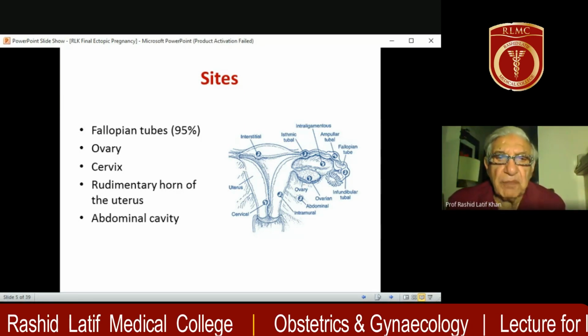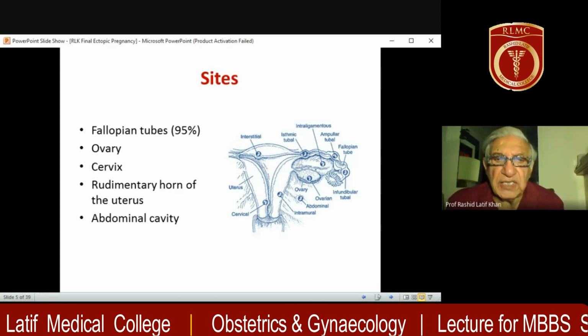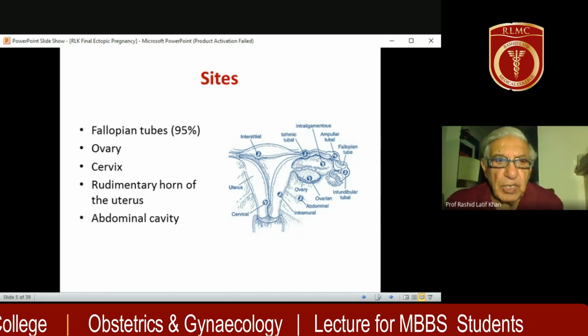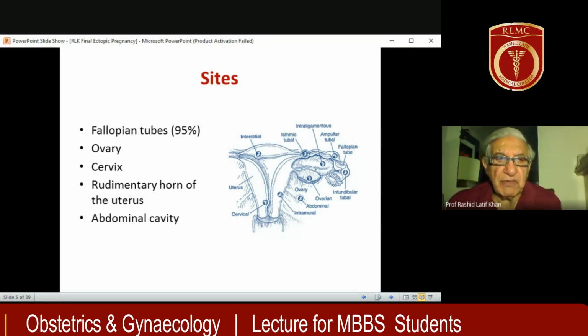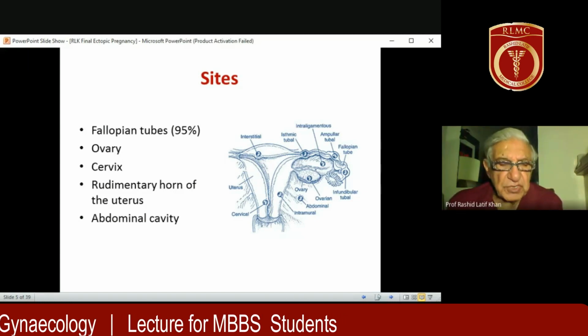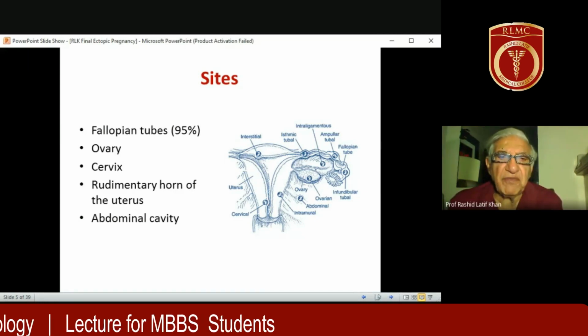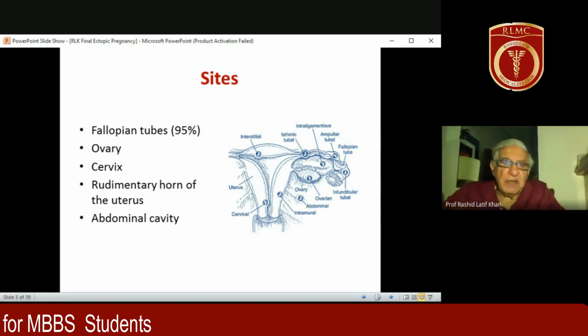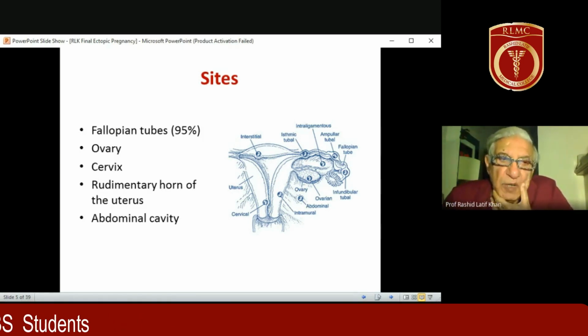And sometimes it happens that the fertilized egg drops in the pouch of Douglas and implants itself in the peritoneal cavity. Although very rare, it does happen. Abdominal pregnancy is when the fertilized egg falls into the peritoneal cavity and implants. It's called primary abdominal pregnancy.